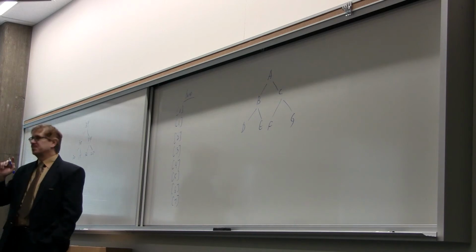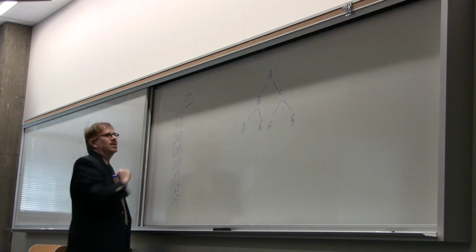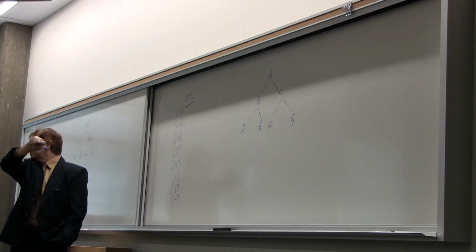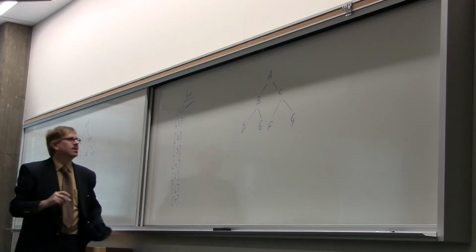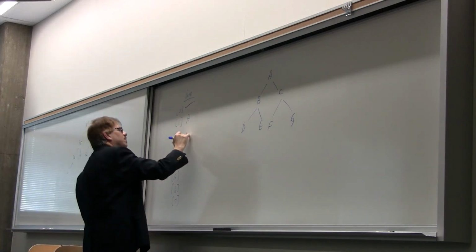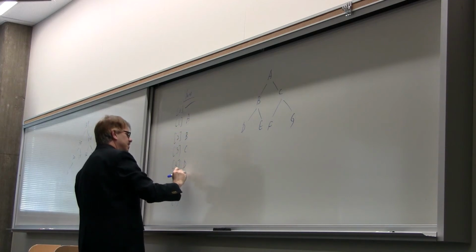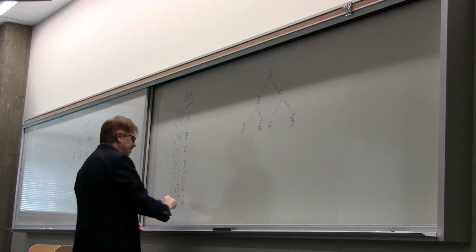I'm not going to use element 0, but I'm going to store this in breadth first search order, starting at index 1. So I'm going to store A, B, C, D, E, F, G.